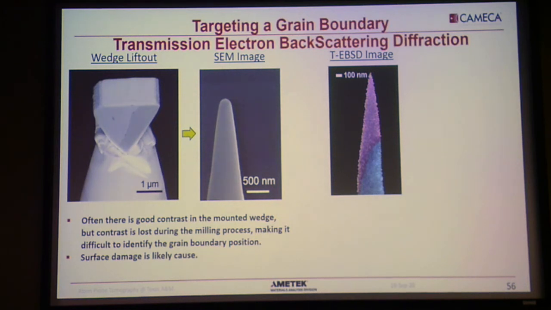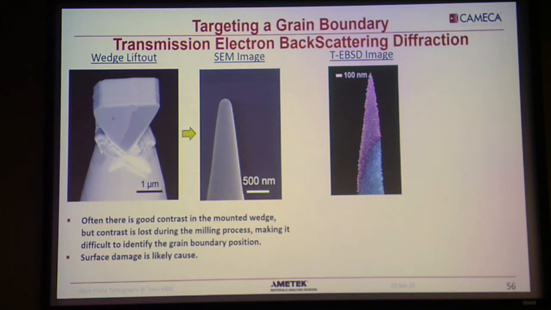And most importantly, knowing that one of the limitations of atom probe, no matter which atom probe you are using, is that the specimen can fracture. You want to make sure that you reach your region of interest before your specimen fractures. So you want to make sure that your grain boundary, you don't put it 500 nanometers down the tip.